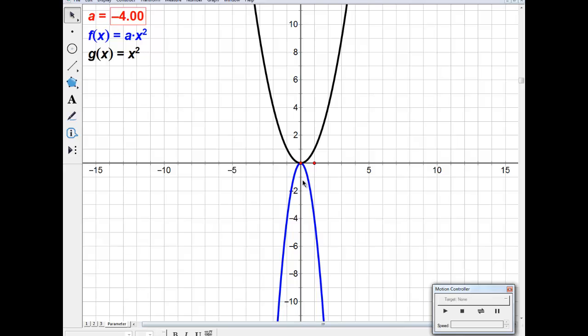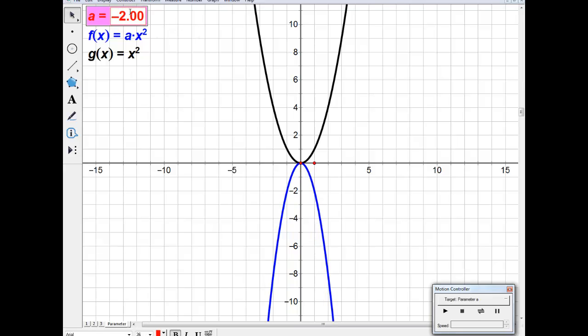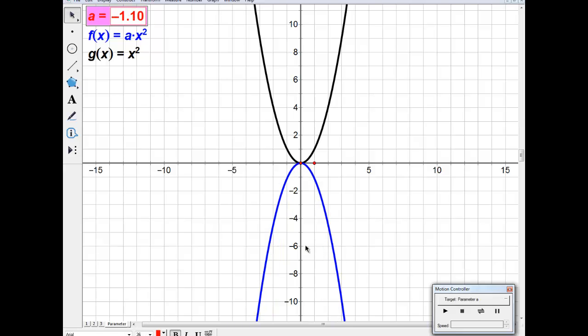So y = -4x² is, first of all, upside down because of the negative, and the 4 is making it narrower. Let's change the 4 to a 2 and see what the effect is. So it became a little wider. Let's make it -1. And I've made it wider.